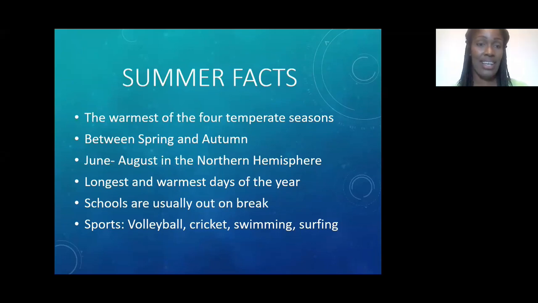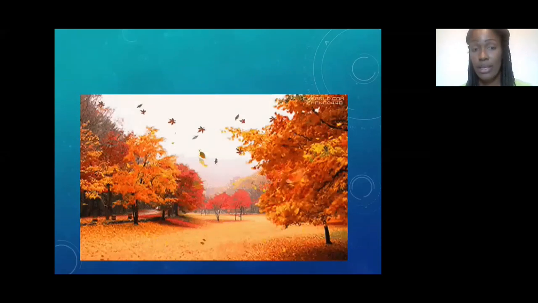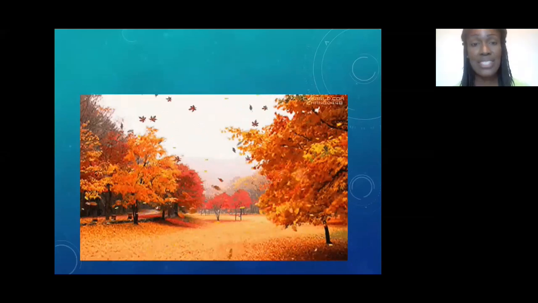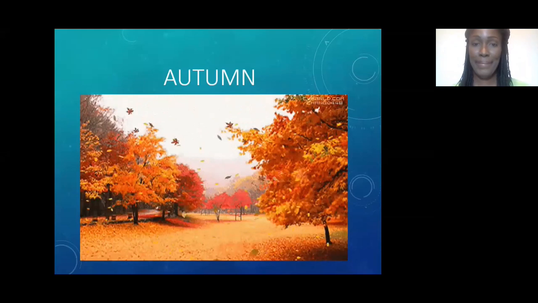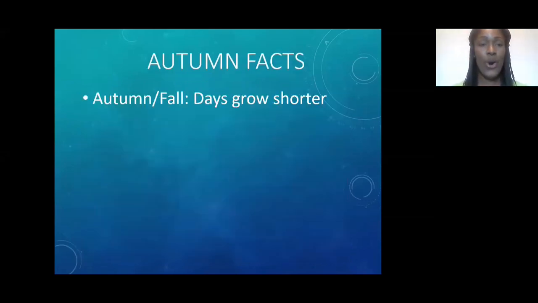The next season we're going to look at, let's look at it. Keywords, look at it. Leaves are falling. So this season is autumn. Some facts about autumn. Autumn/fall, remember I said, another name for autumn is fall.